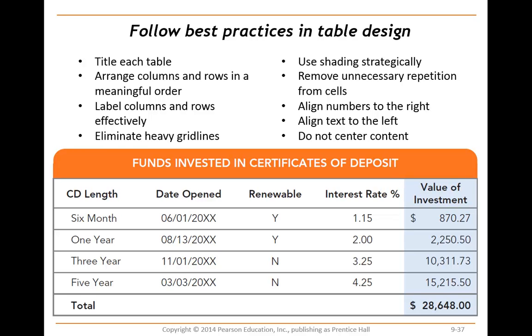Align text to the left. Text is easier to read when it's left aligned. For example, see the CD length column. Do not center content unless every row in that column contains the same number of characters. In the renewable column in Figure 9.18, Y and N are centered because each entry is only one character long.